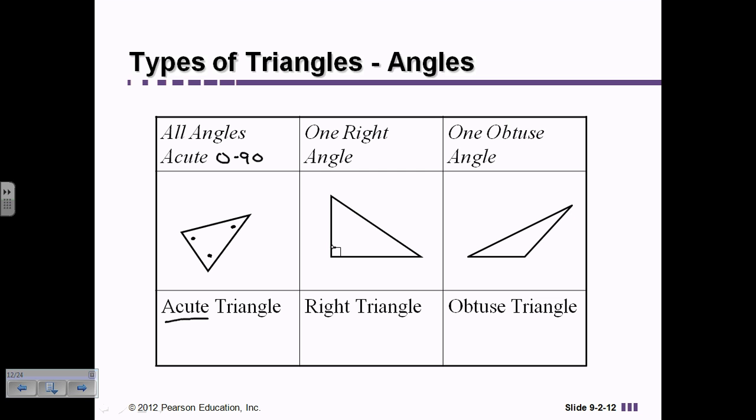If one of the angles is right, like this angle, see the 90 degree mark there, then it's called a right triangle. If one of the angles is obtuse, that means between 90 and 180. If one of the angles is obtuse, this one's obtuse, then it's called an obtuse triangle.